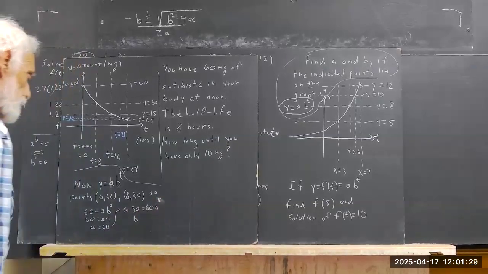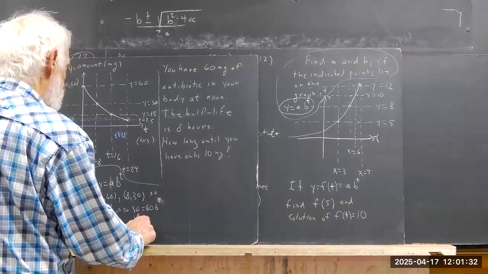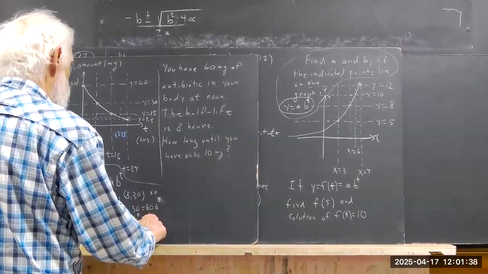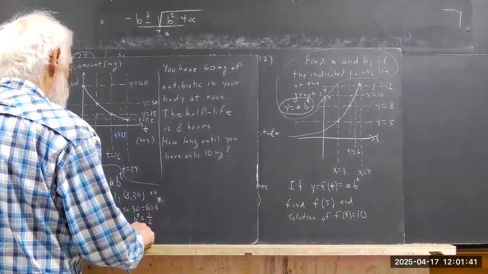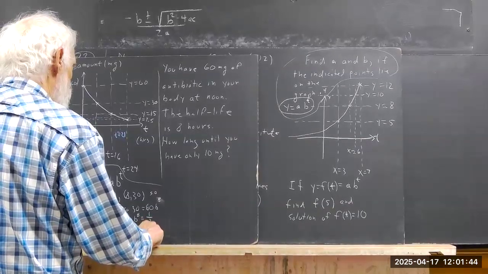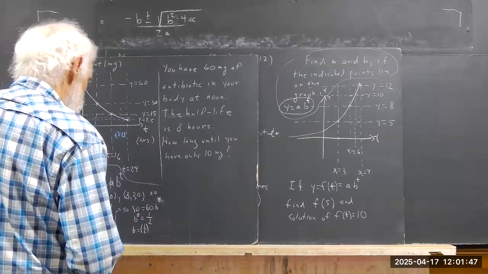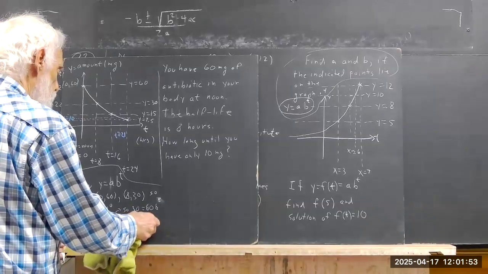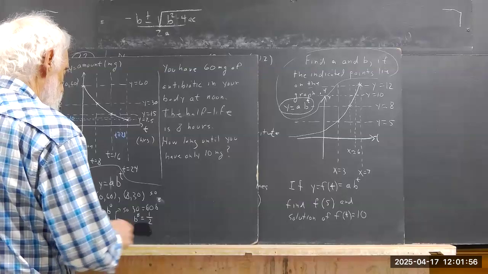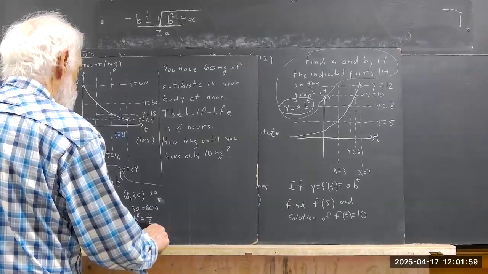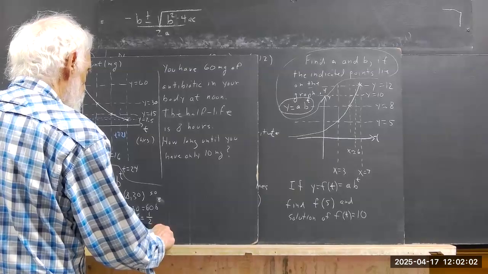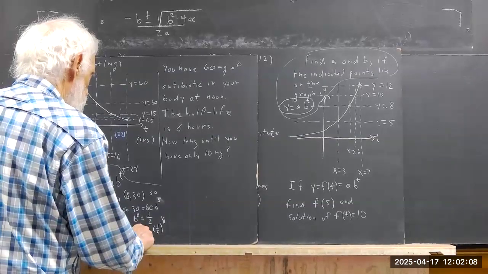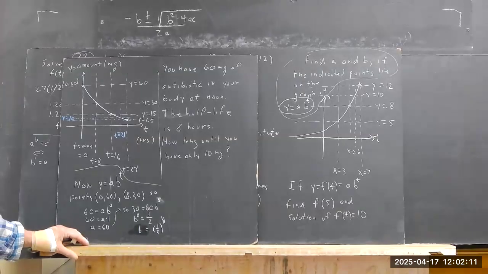So b to the 8th equals 30 over 60, which is 1/2. So we get b equals 1/2 to the 1/8 power.